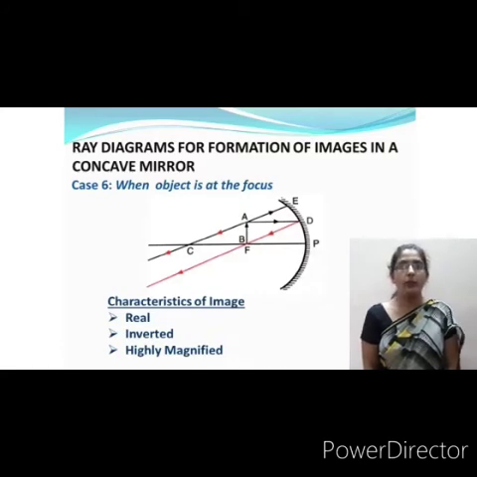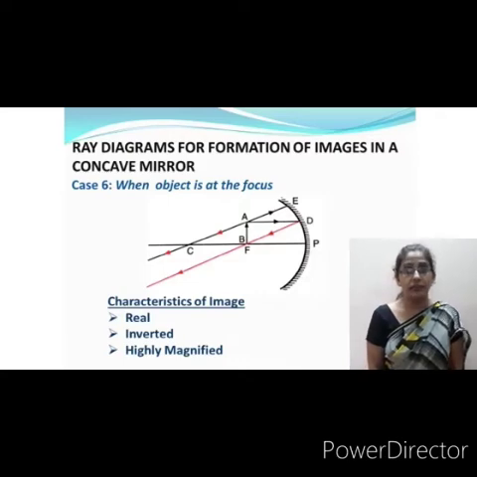These two rays, when produced, become parallel and meet at infinity. So the image is formed at infinity. The characteristics of the image formed are real, inverted and highly magnified.